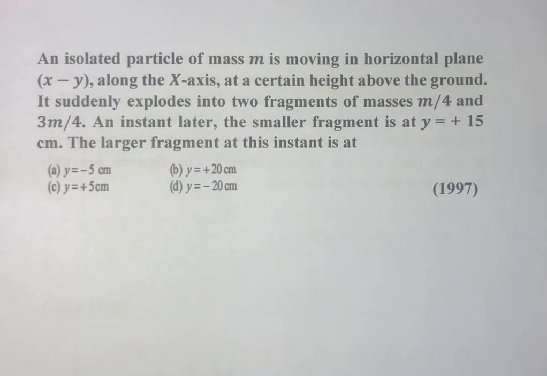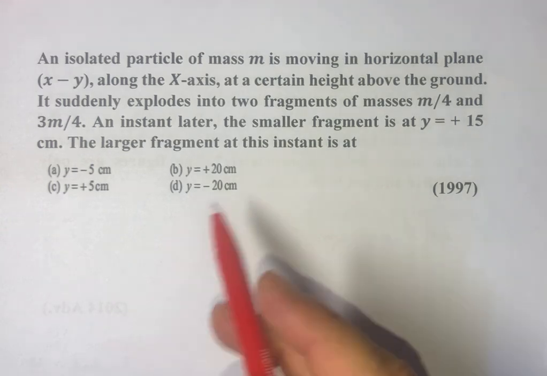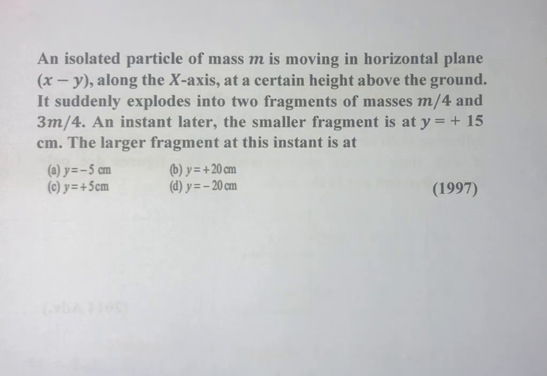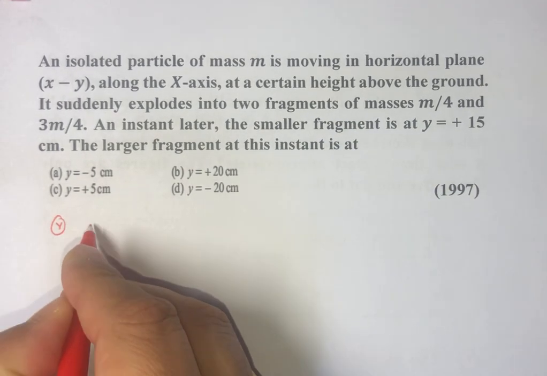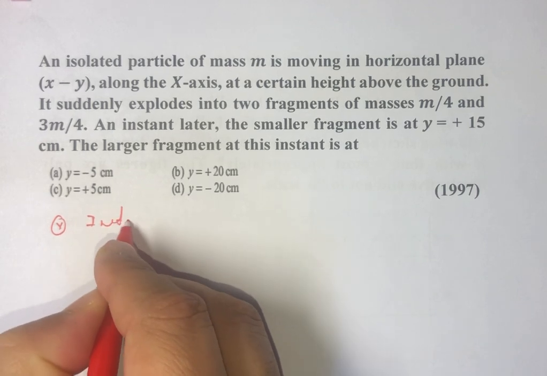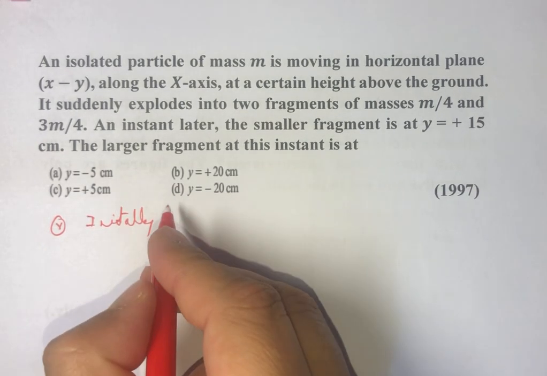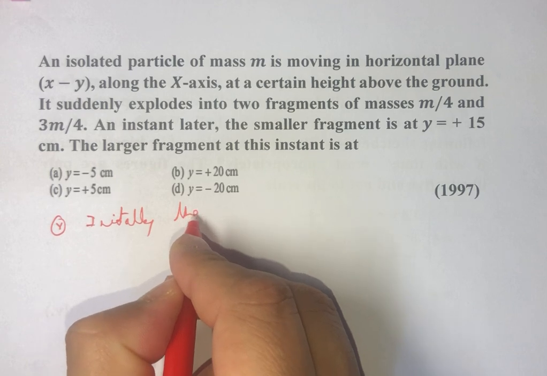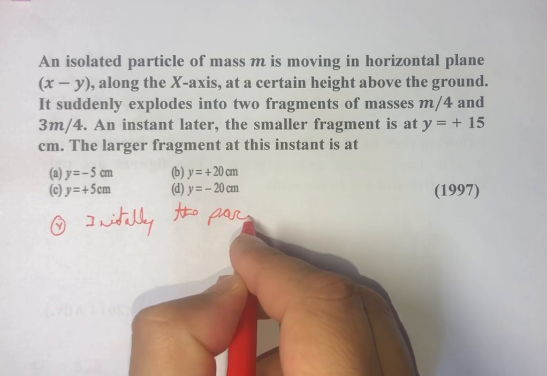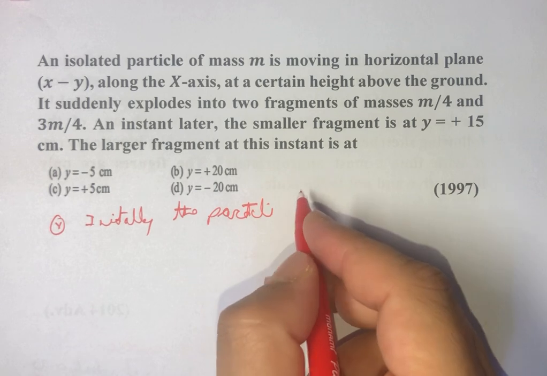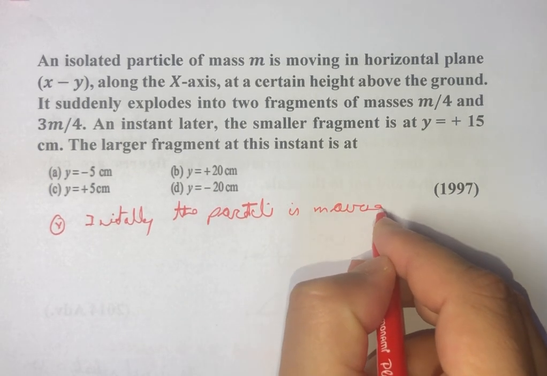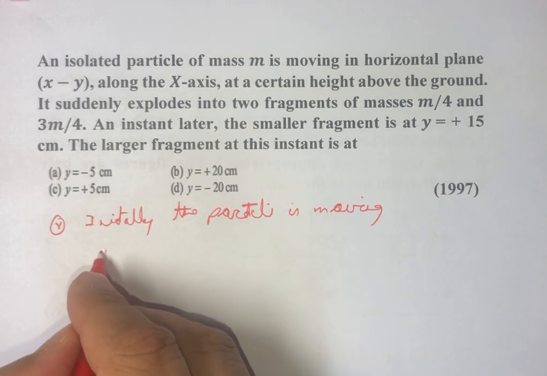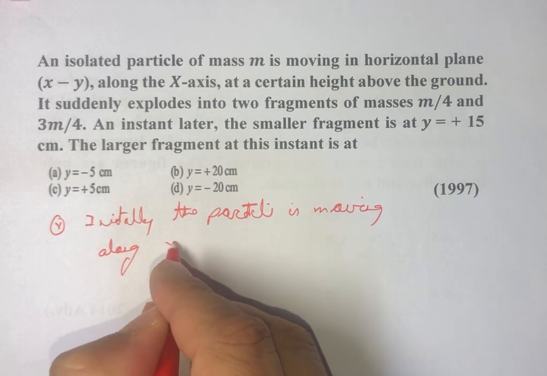So we have a mass m which is moving in the horizontal plane along x-axis. You can say initially the particle is moving along x-axis.